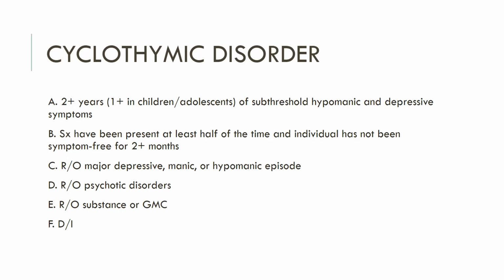Symptoms have been present for at least half of the time, and the individual has not been symptom-free for 2 or more months. What this means is similar to dysthymia. The person's not completely symptom-free for more than 2 months within a 2-year period of time. So if we're dealing with 4 years, we're dealing with 4 months, and so on and so forth.